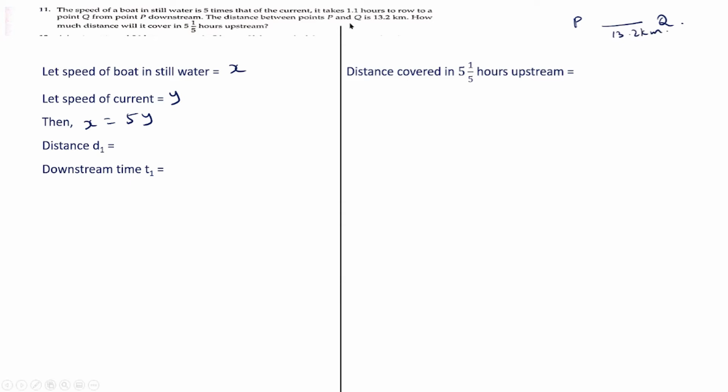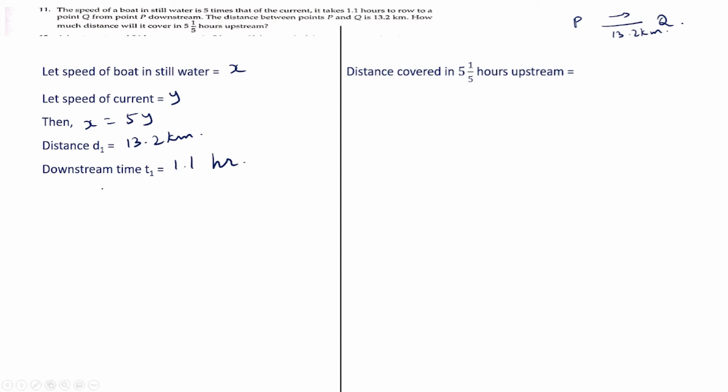It takes 1.1 hours to row to the point Q from P downstream. So the downstream time is 1.1 hours and the downstream distance is 13.2 kilometers.